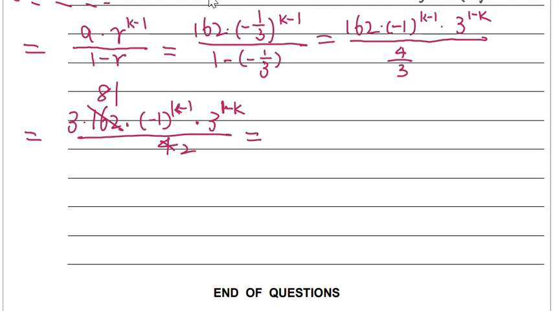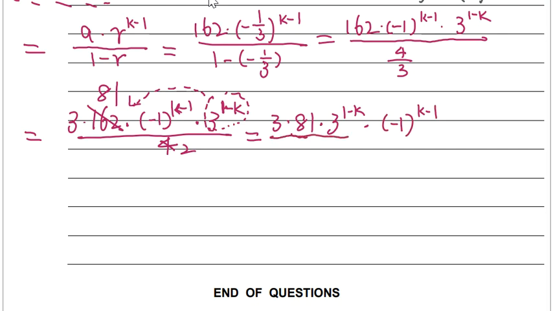Now we've got 3 times 81 times, now let's move this 3 to the power of 1 minus k here, times negative 1 to the power of k minus 1. Because like we said, 81 has a lot of 3's, right?